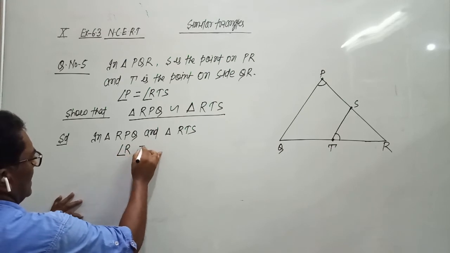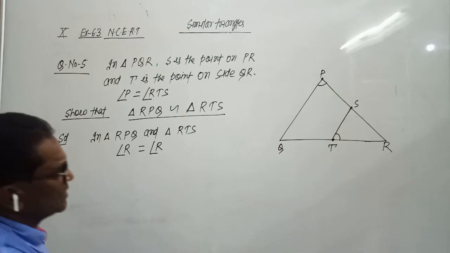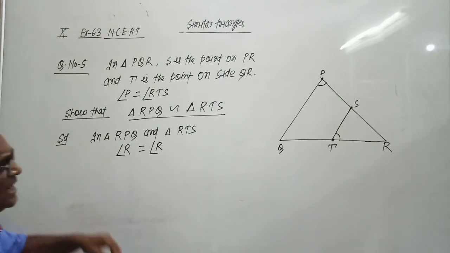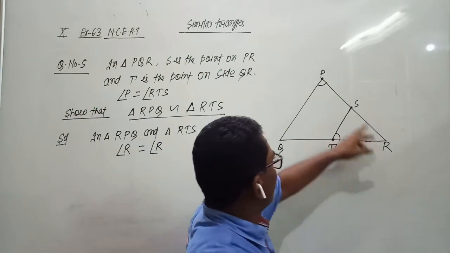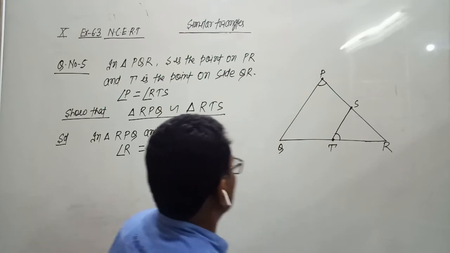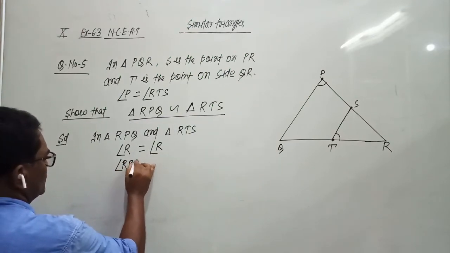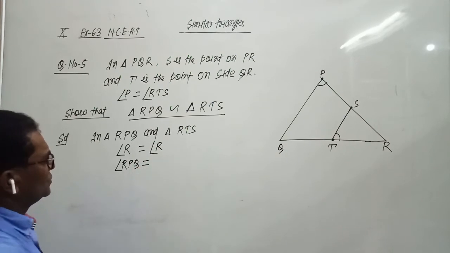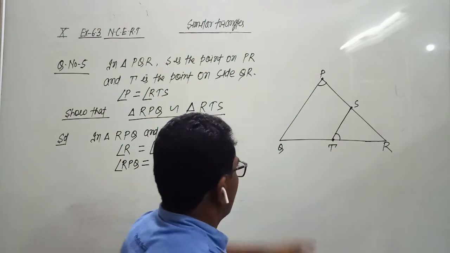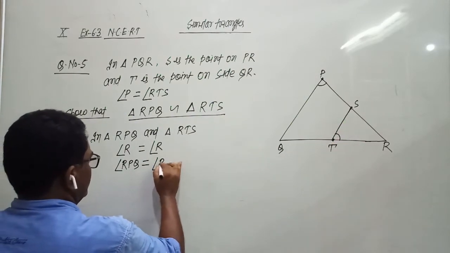Angle R equals angle R. And in triangle RPQ, angle RPQ is equal to, in triangle RTS, angle RTS.